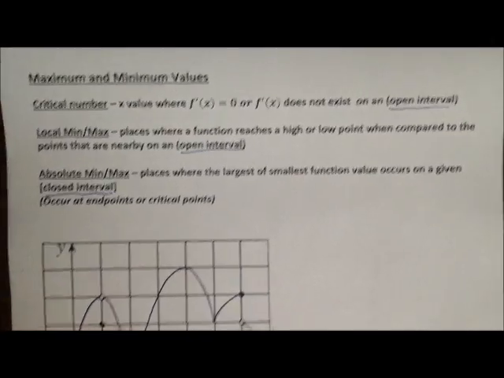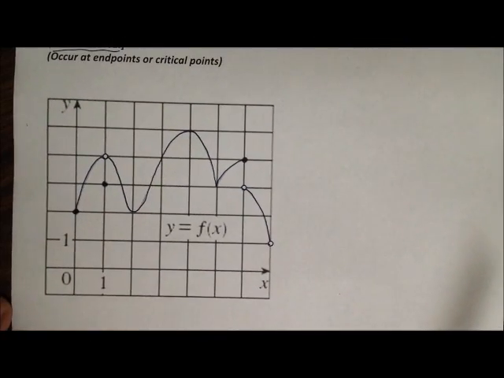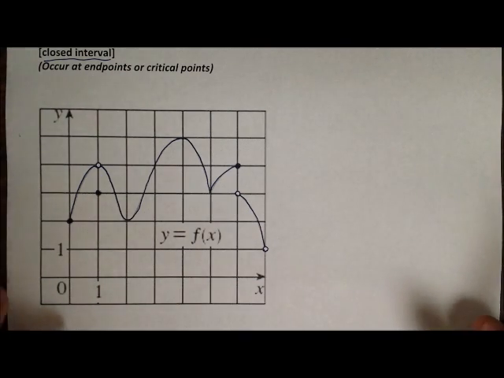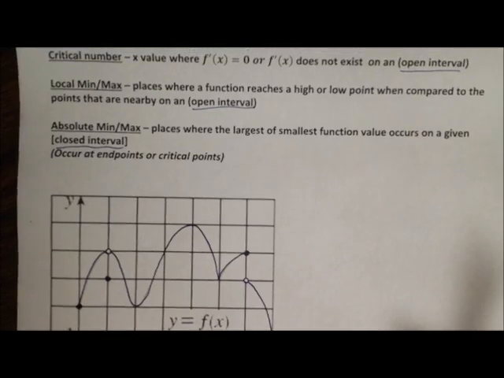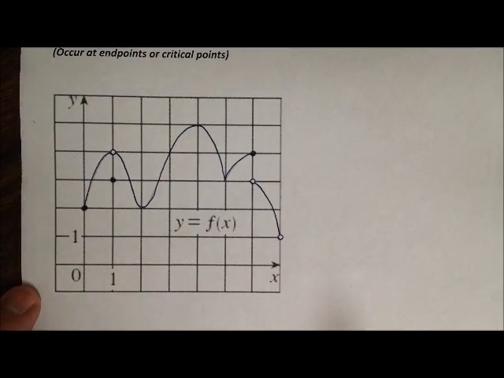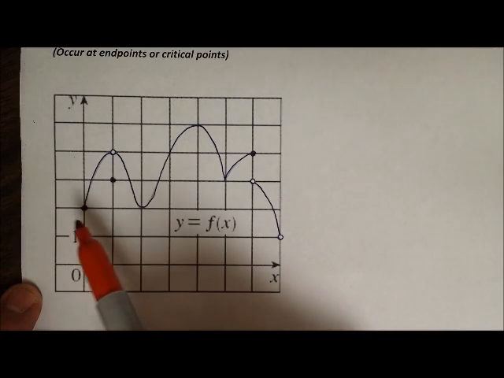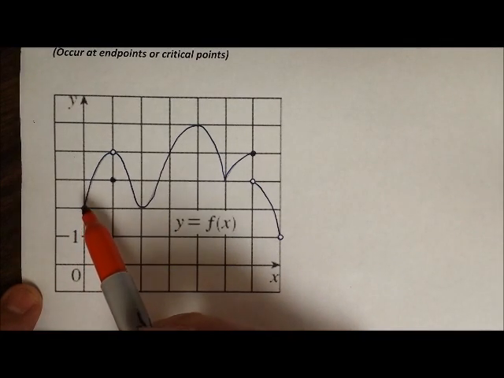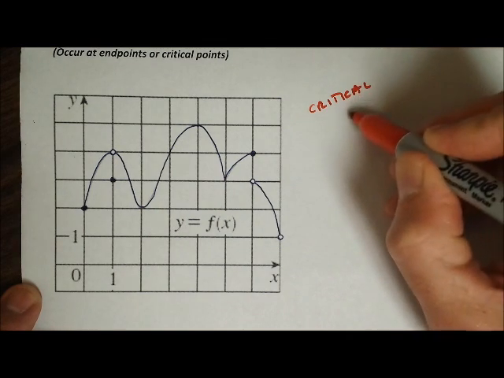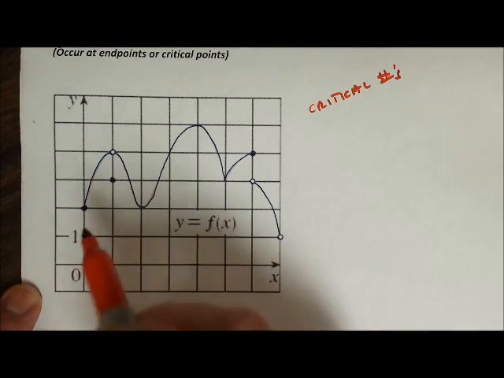All right. So I have a little graph here, and we're going to go through each of the three definitions just to get an idea of what each of them mean. So critical number first. A critical number occurs when f prime of x, the slope, the derivative, is either 0 or non-existent. So as we run through here, let's first find the places where the slope is 0.